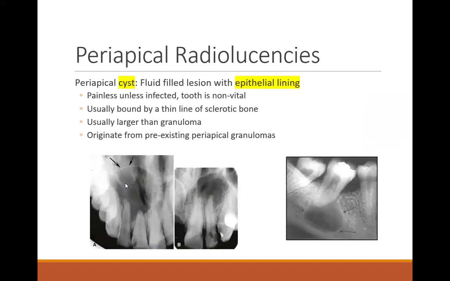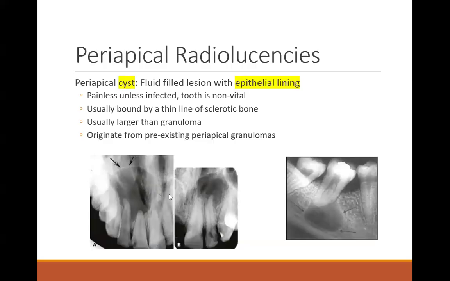So a periapical cyst is usually much larger, and the main difference between a periapical cyst and a regular periapical abscess is the epithelial lining inside of the cyst. So it's oftentimes fluid filled and it has an epithelial lining. Painless unless infected, the tooth is usually non-vital, usually bound by a thin line of sclerotic bone.